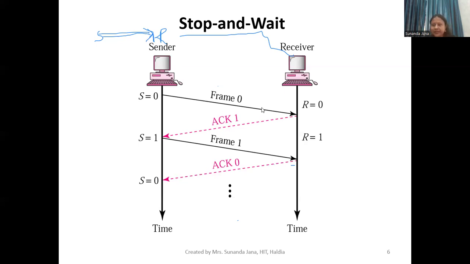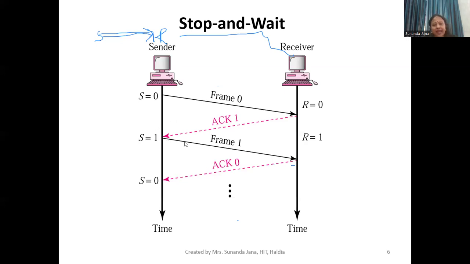The numbering is done using only 0 and 1 alternately. So when we send frame number 0, the receiver will send acknowledgement 1. Why? Because the receiver is informing that it has received frame 0 successfully, and now you send me frame number 1.